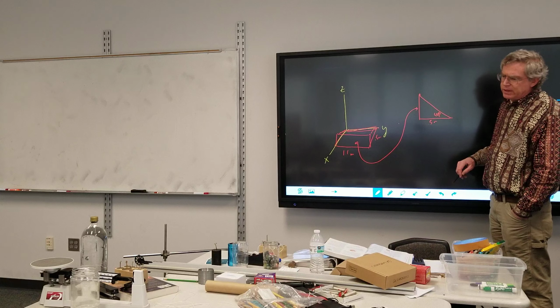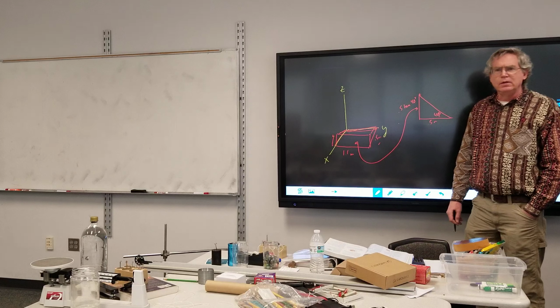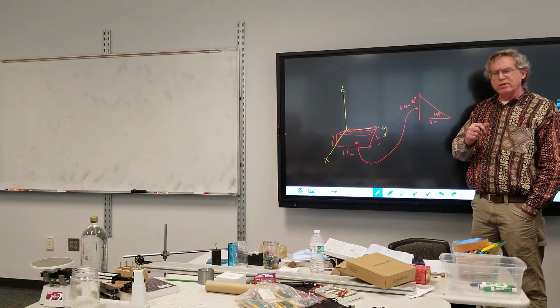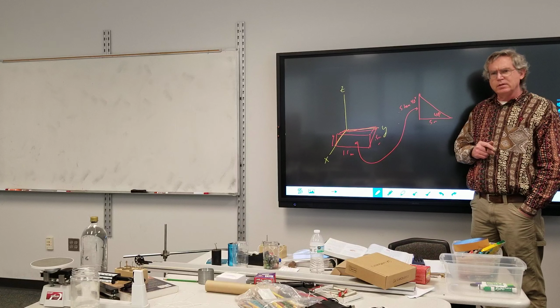So tangent is opposite over adjacent, so this side would be 0.5 times the tangent of 40 degrees. So it's that length right there. Do they have tangent, or what trig function did they throw in there? Yeah, they put tangent.